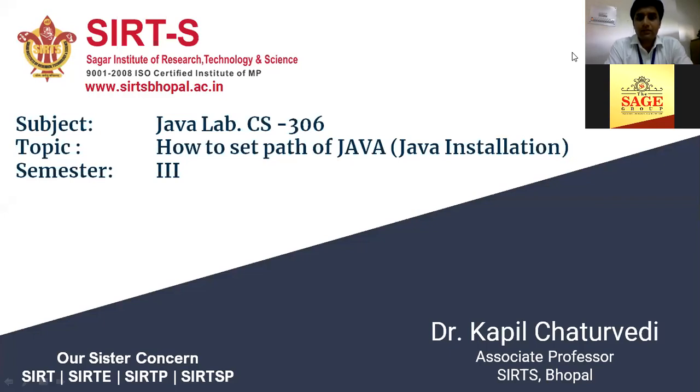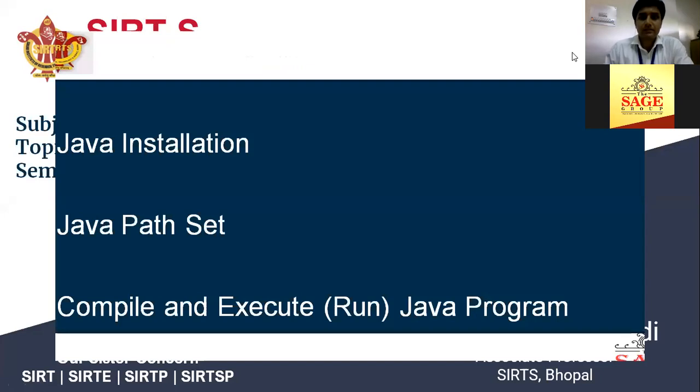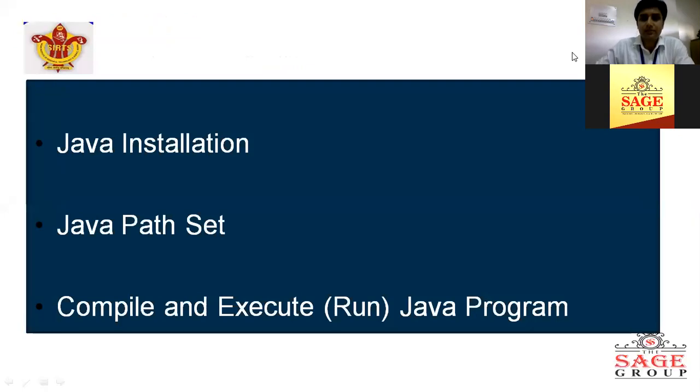And today we will discuss how to install Java. Also, we will discuss how to set the path of Java, and we will also see how we will run and compile a Java program.